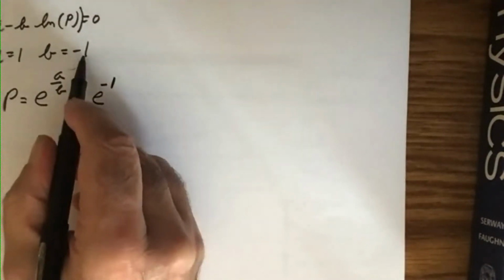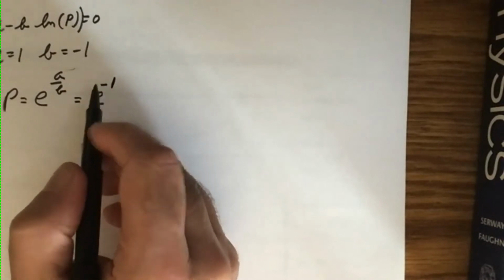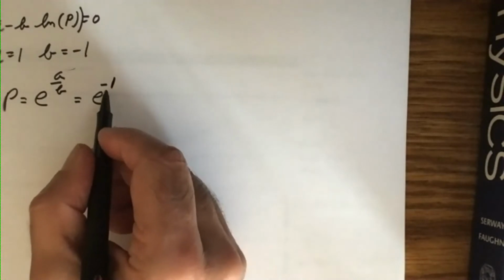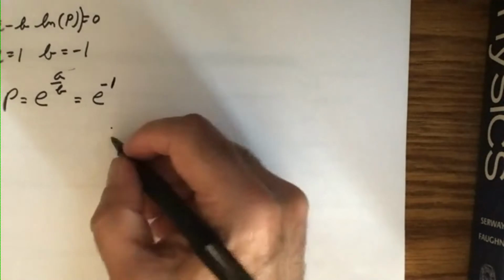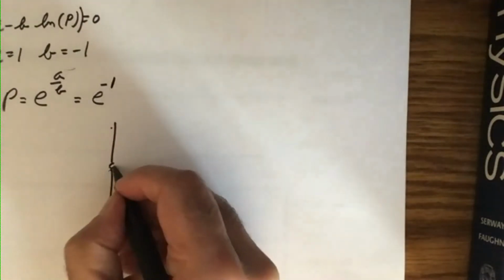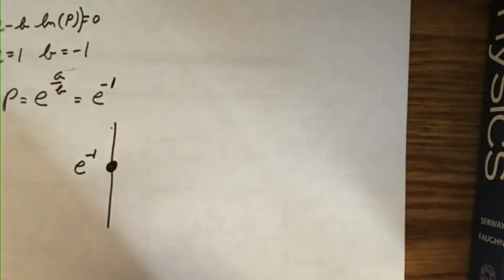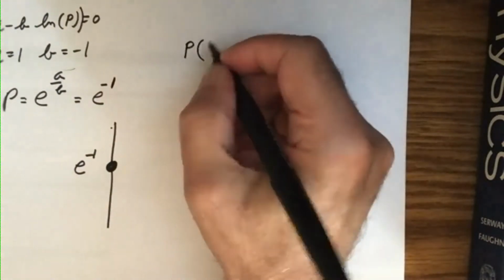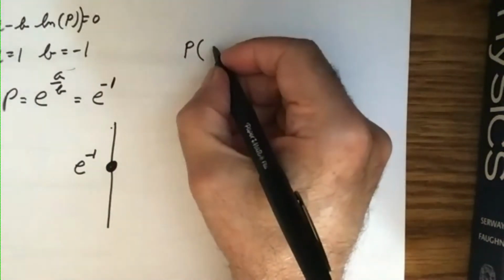When B is equal to -1 and A is equal to 1, solving for P, my critical points are minus E to the -1, and also 0, but they don't seem to care about 0. So now my critical point here is E to the -1. All right. So now this is going to be A.